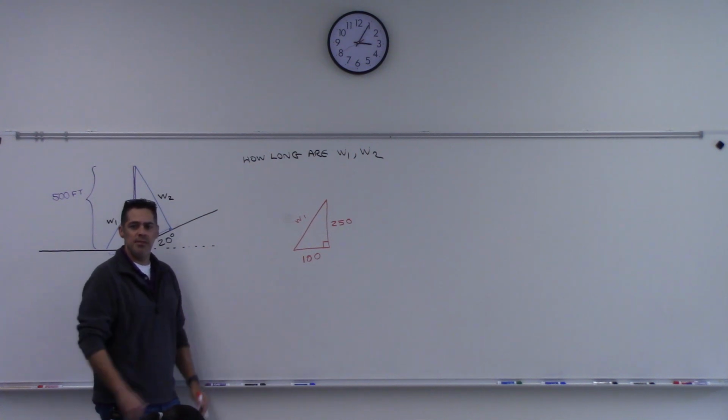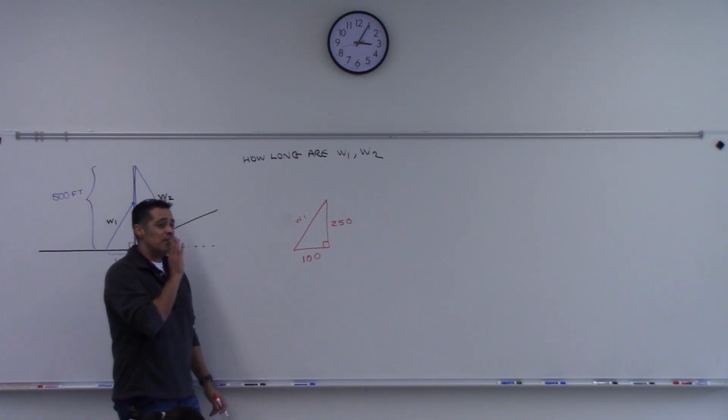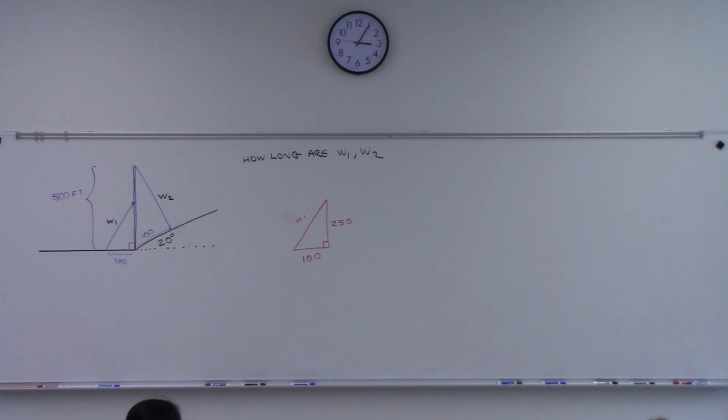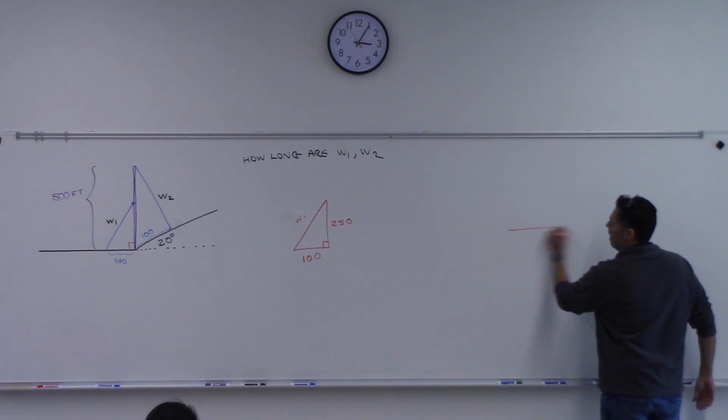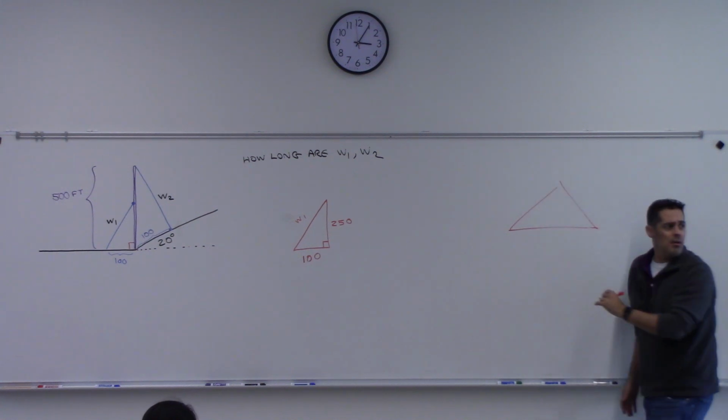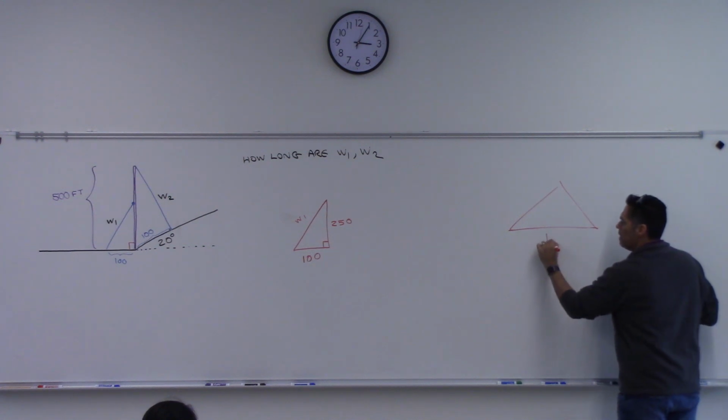Hey, by the way, check this out, everyone. This might blow you away. Look at this right here. Let's say we have this arbitrary triangle like this, right? And we're trying to solve for little b here.